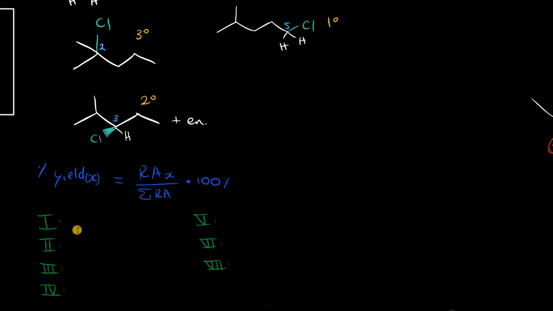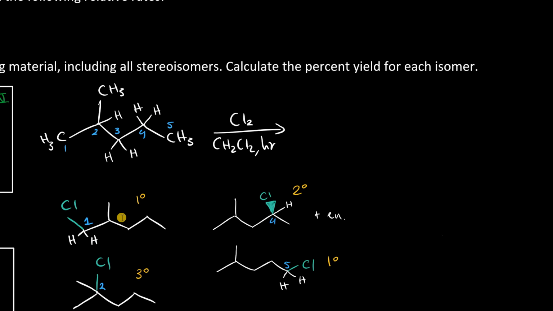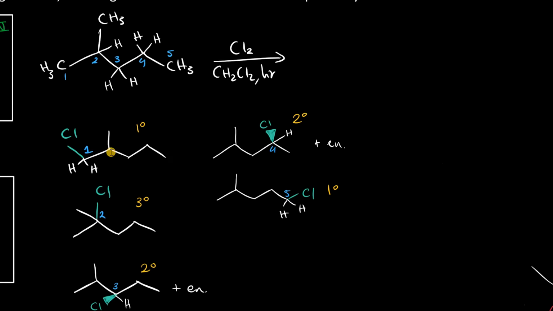Let's look at compound 1. In compound 1, we form the primary alkyl chloride by abstracting any one of these 6 hydrogens. These 2 carbons are chemically equivalent. You can place the chlorine on this carbon or this. It would be the same. So the number of hydrogens that can be abstracted are 6, and the relative rate is 1.